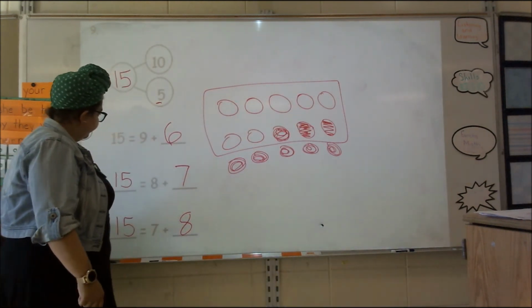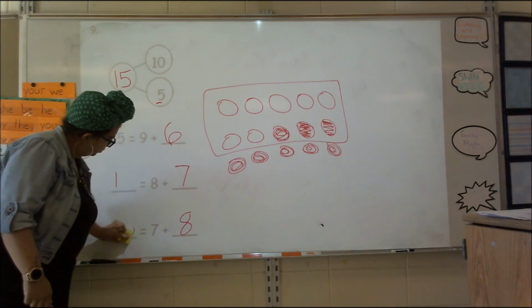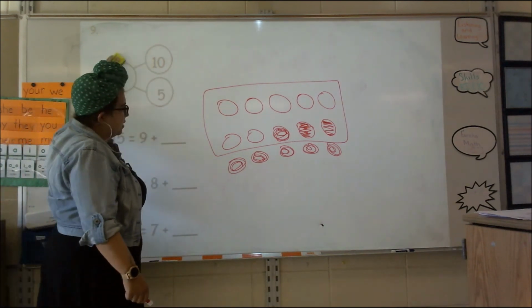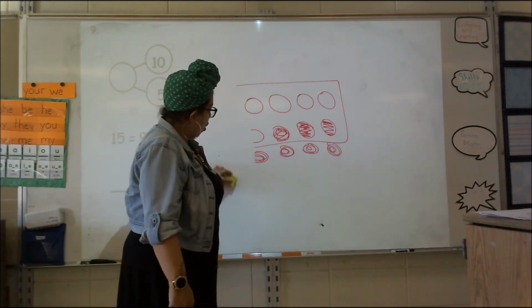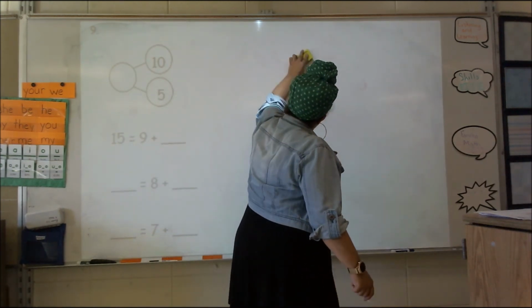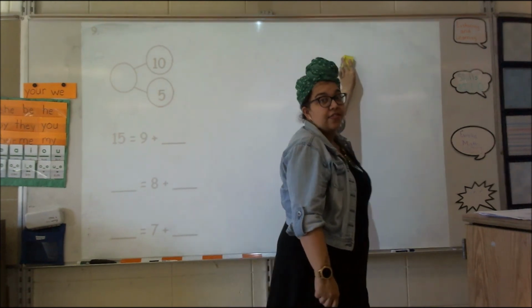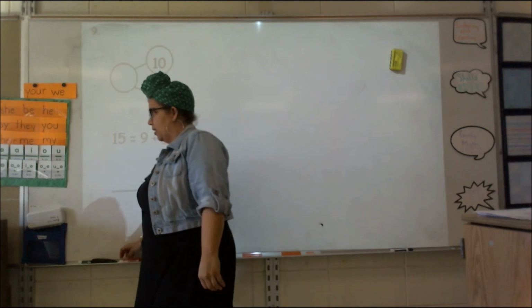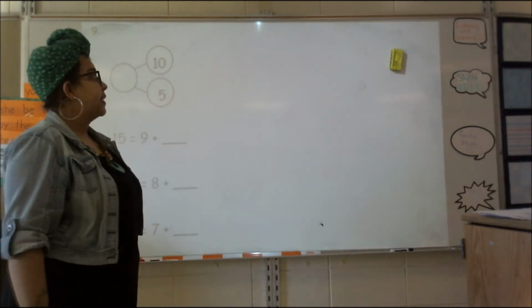Good job. Yep, same pattern. The whole stays the same, the number of pieces stay the same. We're just moving them around into different piles, different groups, different parts. We're making different parts within the same number of pieces.